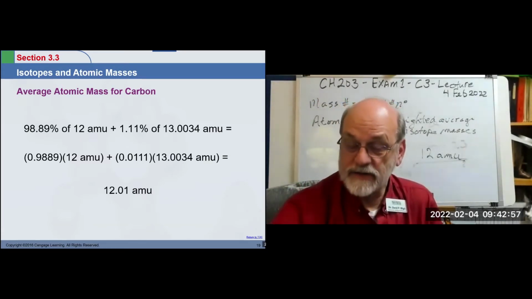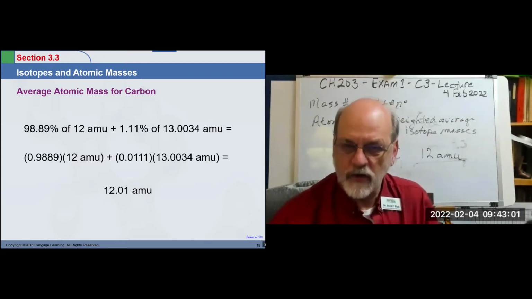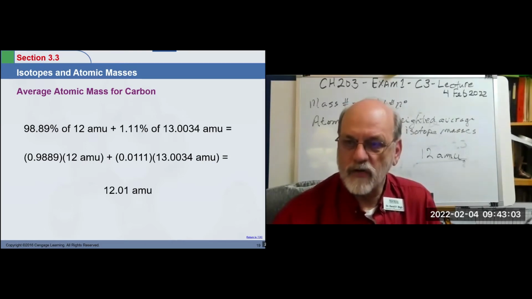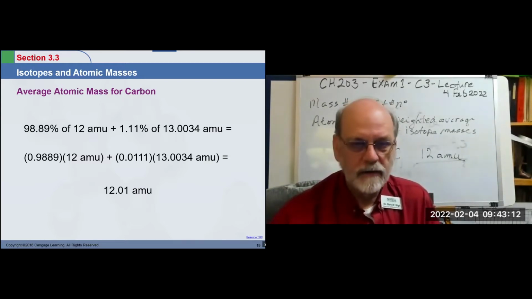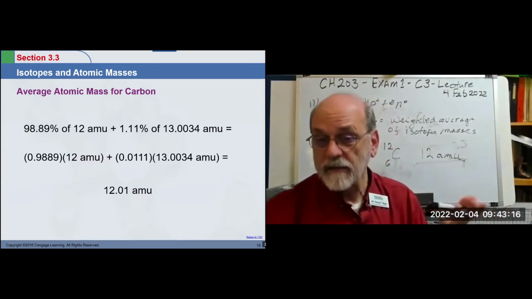And that's the value it is to chemists, because chemists don't have time to separate isotopes and then do their chemistry so that they know the exact mass of each of the atoms. We're going to use naturally occurring carbon, or naturally occurring oxygen, or naturally occurring zinc, whatever the case may be.